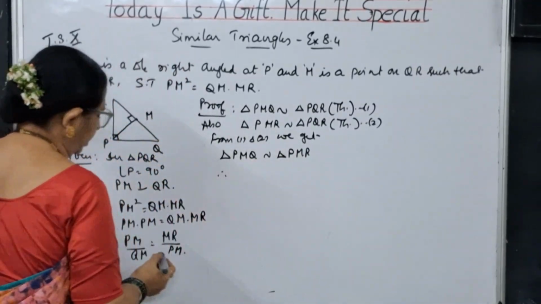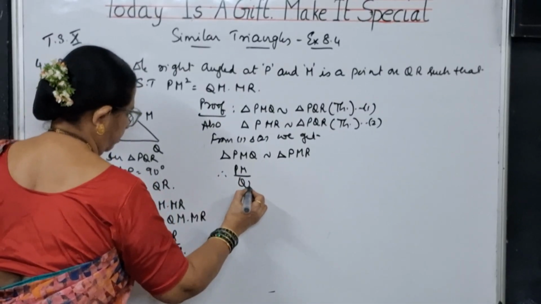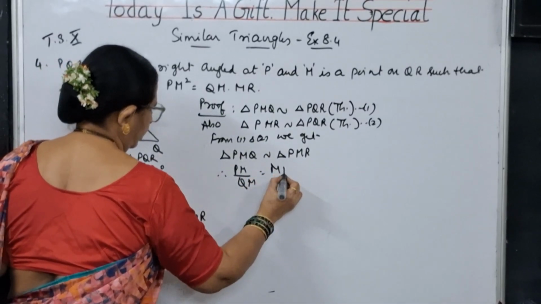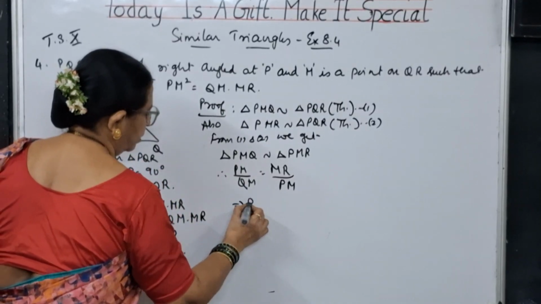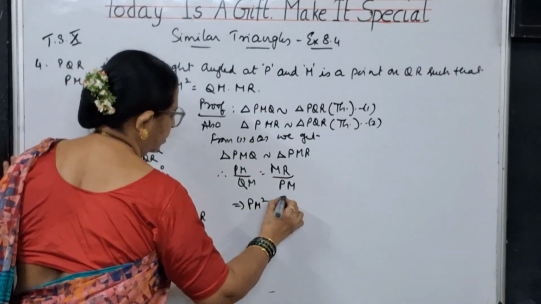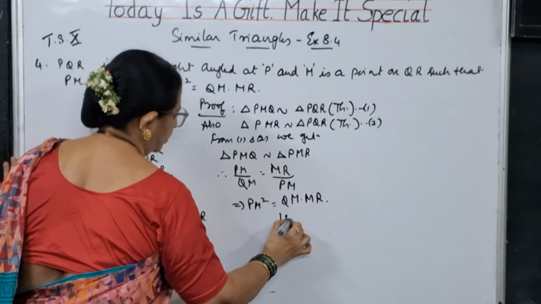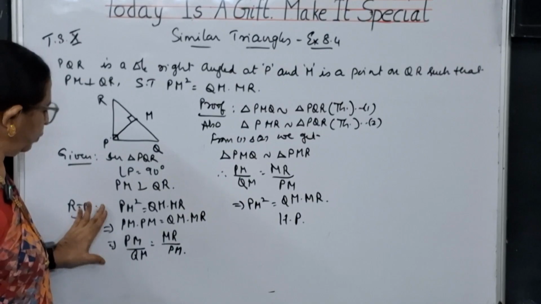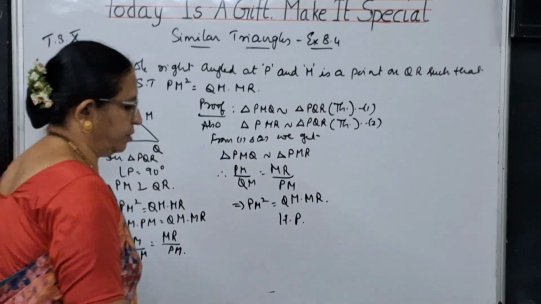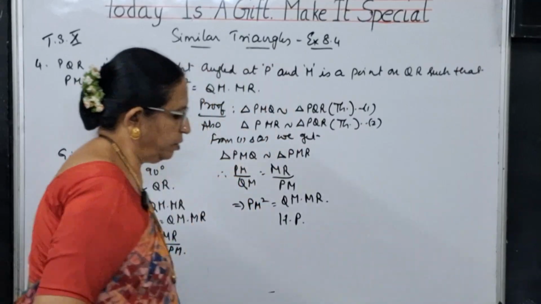Therefore, when they are similar, you can write this. That is, PM by QM is equal to MR by PM. What does this imply? PM square is equal to QM into MR. Hence, proved. A very simple one. Please write it down. This is fourth one.